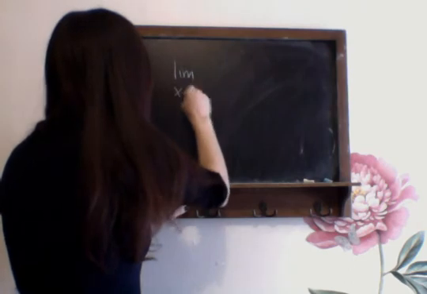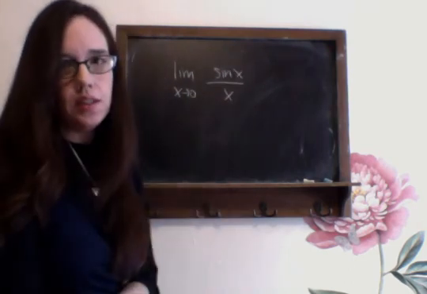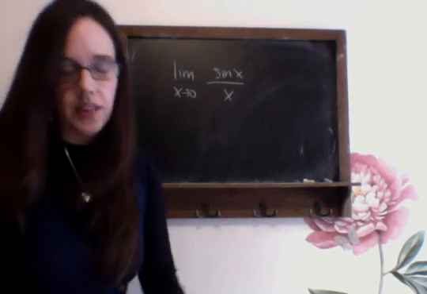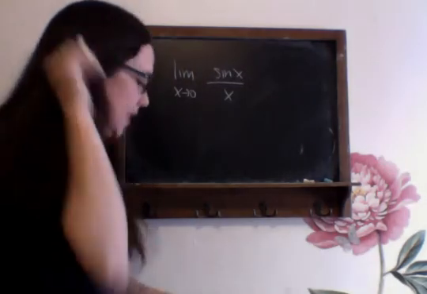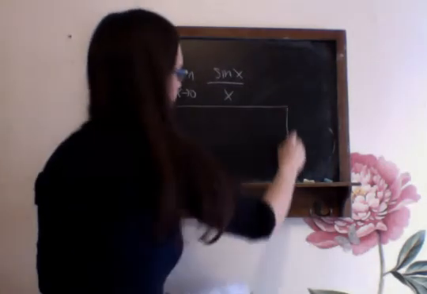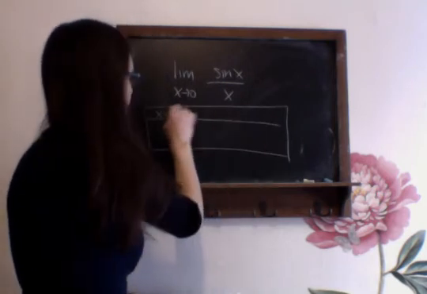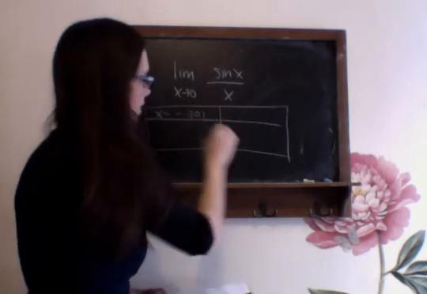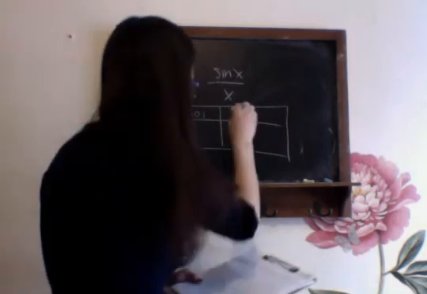So let's look at this example. We did this example, but we solved it by making a table of values and guessing what the limit was. I'll just plug in a couple of values. If I plug in negative 0.001, something close to 0 but from the left, I got 0.99999.